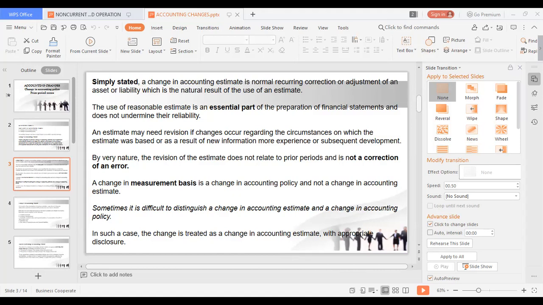The prior period error of 650,000 is the after-tax effect of the error, the overstatement of net income for 2019 due to under depreciation.